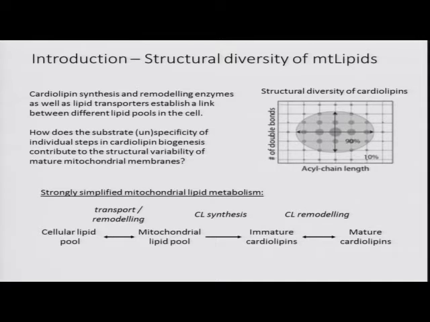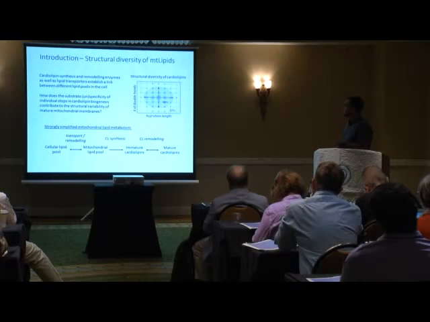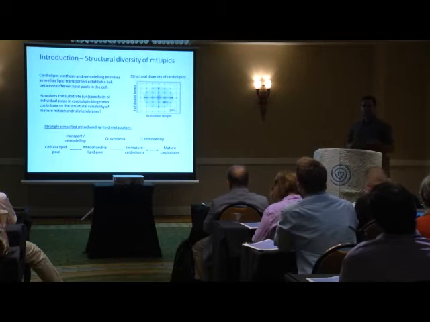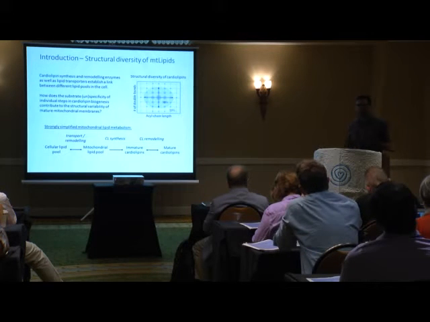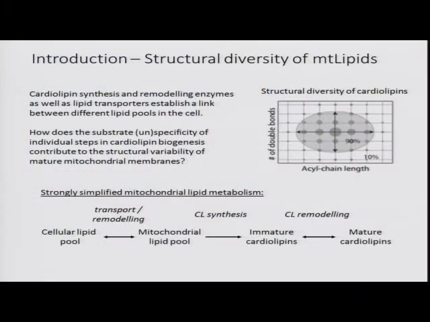And one thing that I find very interesting about mitochondrial lipids is that you have different lipid pools, like for example the mature cardiolipin pool, which is well characterized by the different acyl chains that are connected to the polar head group of cardiolipins.